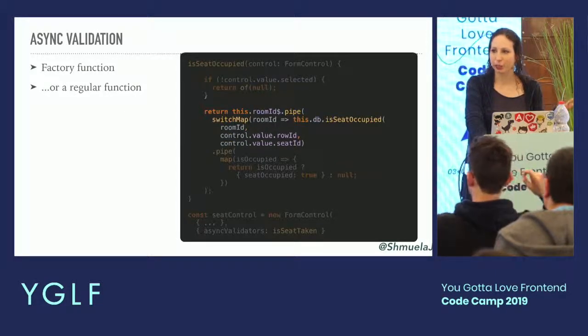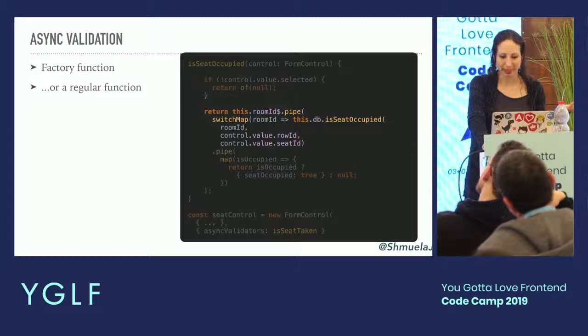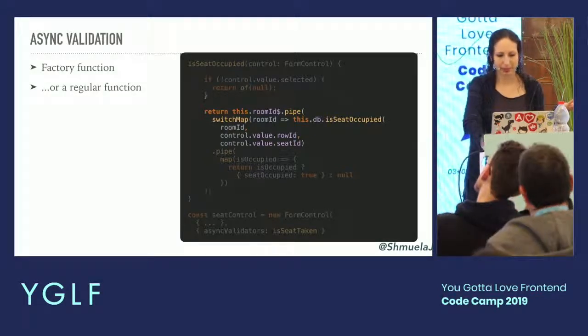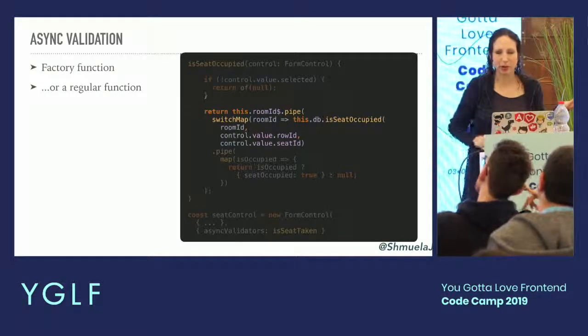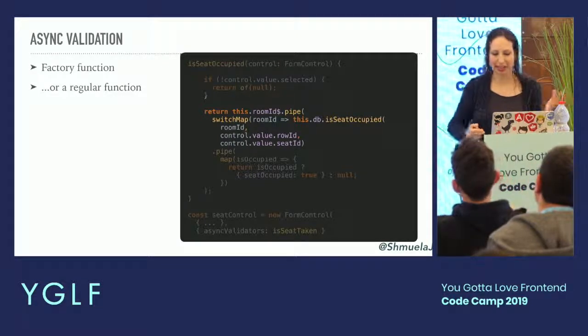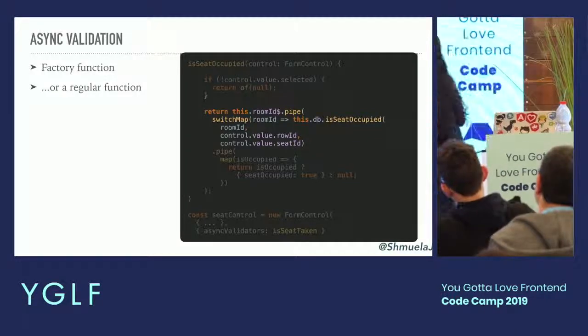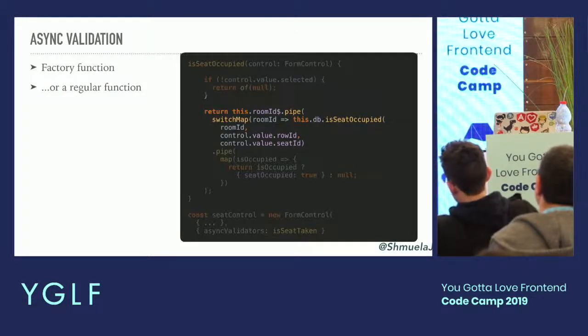In the room ID observable. Okay, so this is how I'm using the room ID observable before calling this method. So I'm first fetching the room ID and then switch mapping it.